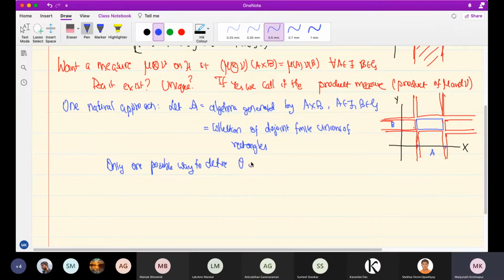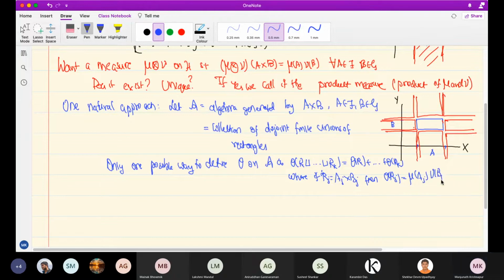So define theta on the algebra as theta of R1 union... If I have a union of rectangles, I want it to be theta of R1 plus ... theta of Rk, where if the rectangle is Aj cross Bj, then theta of Rj is whatever I want it to be, mu of Aj times nu of Bj. There is no other choice. So that's how you would define the measure on the algebra.